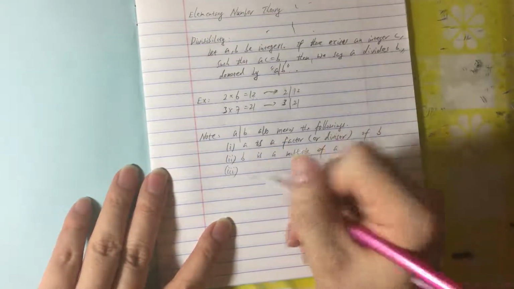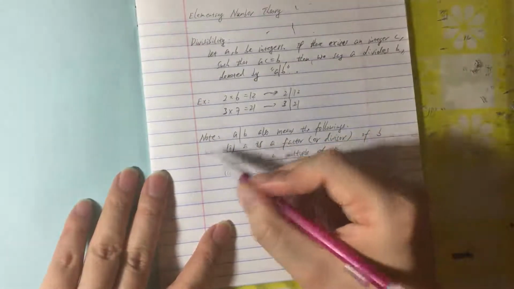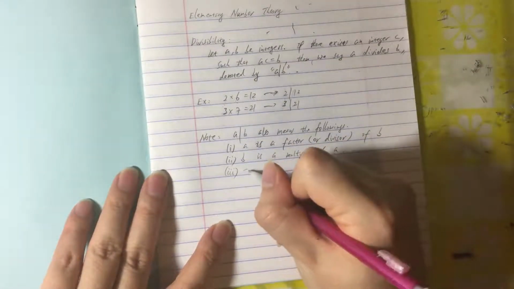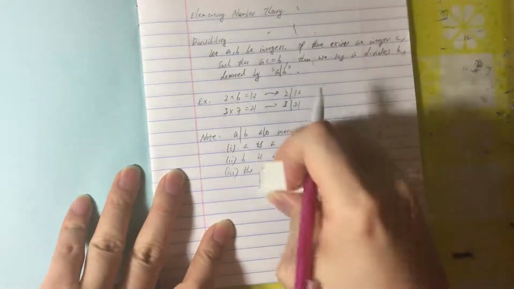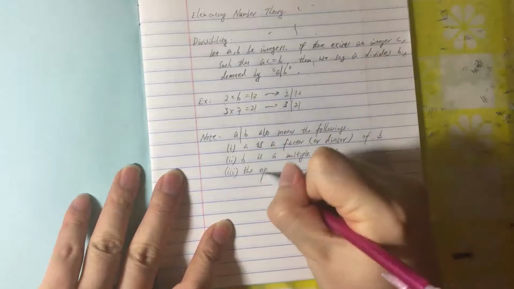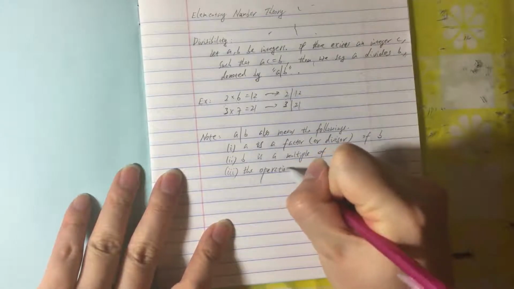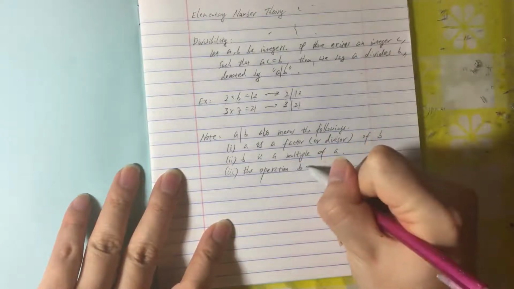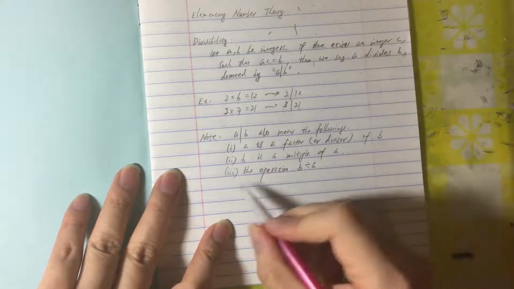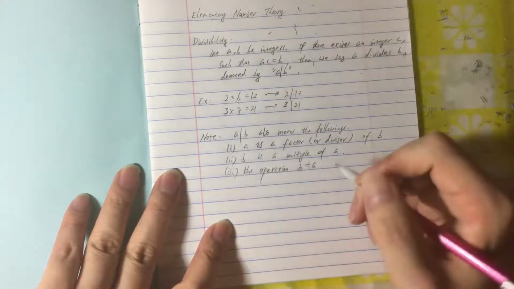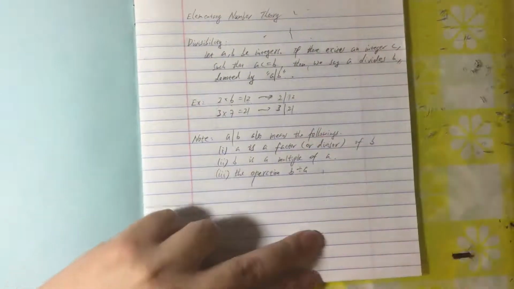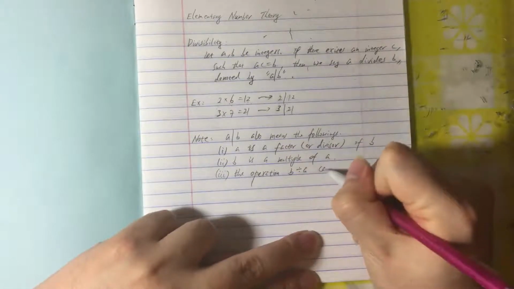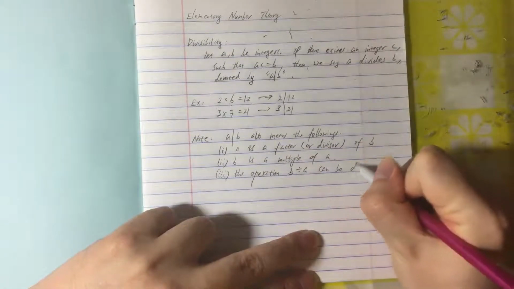Third, if a divides b, that means the operation b divided by a can be divided evenly.